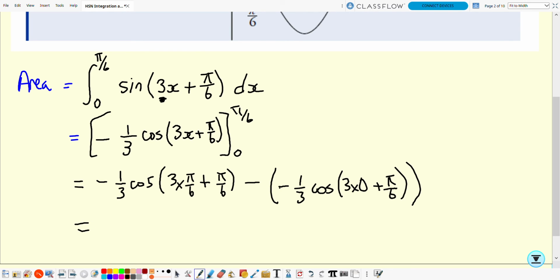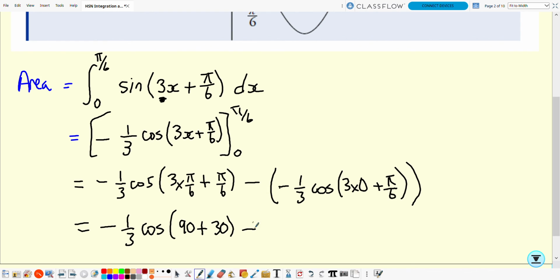And if we simplify all this out, we get negative 1/3 cos. At this point it is okay to start thinking in degrees. So your pi over 6, that's 180 divided by 6, which is 30. So you're going to have 3 times 30 going on there, so you've got a 90. So it's okay to think about it in that way. 90 plus the 30 that's already there.